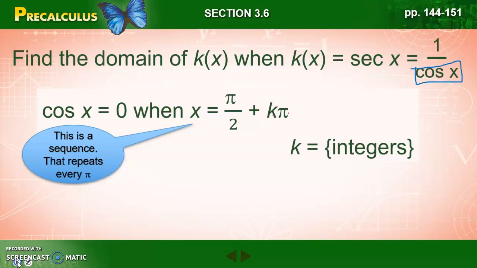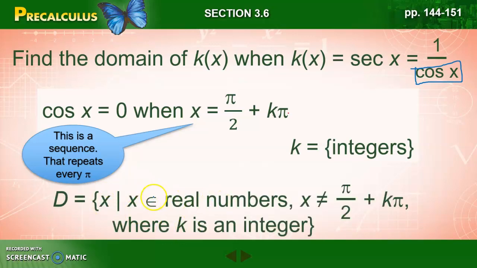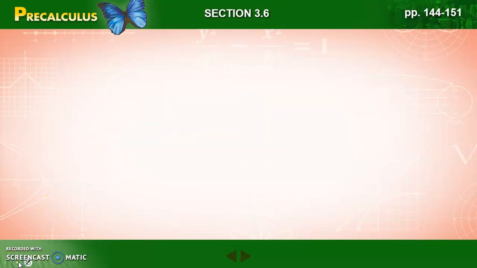So we would write that as cosine of x equals 0 when x equals pi over 2 plus every 1 pi, 2 pi, 3 pi, 4 pi, 5 pi, whatever the number is. K represents those integers. So it's going to repeat every pi, and that's how we would note that. Our domain then would be written that x is all real numbers, but x cannot equal pi over 2 plus k times pi, where k is an integer. So that's how we would denote that domain.